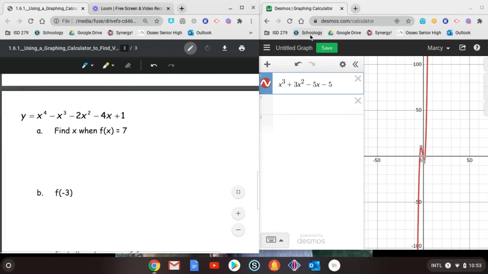All right, so let's do another one. And once you have your equation there, you could just change it a little bit, like me. Minus 2, but now I need an x squared.